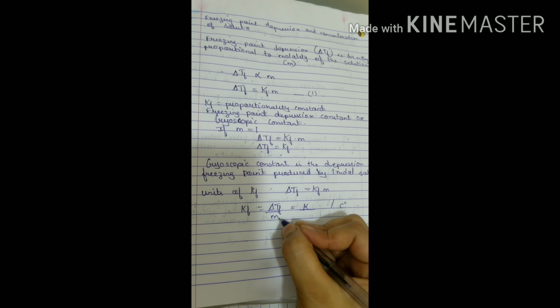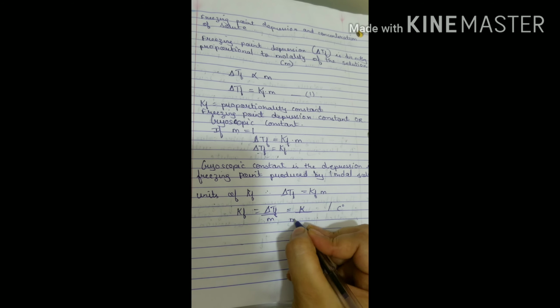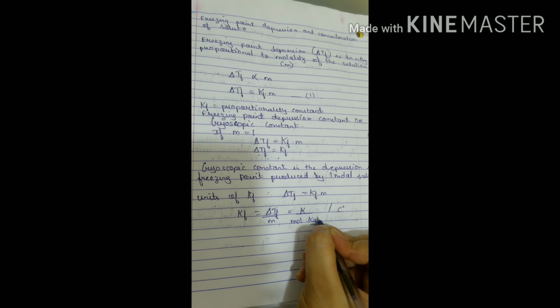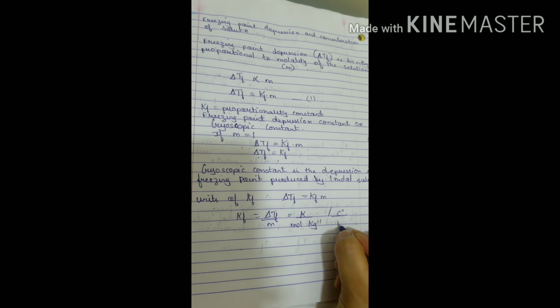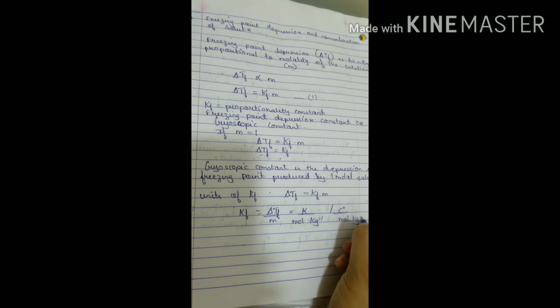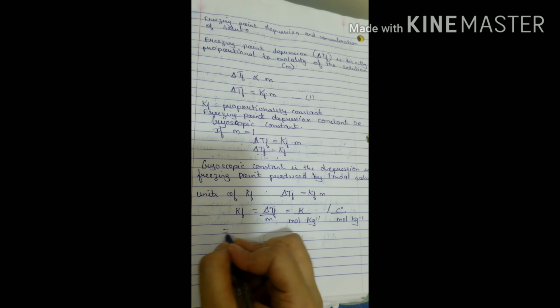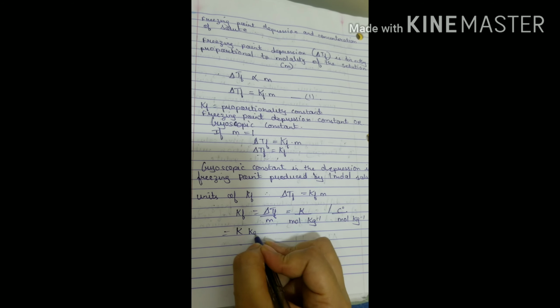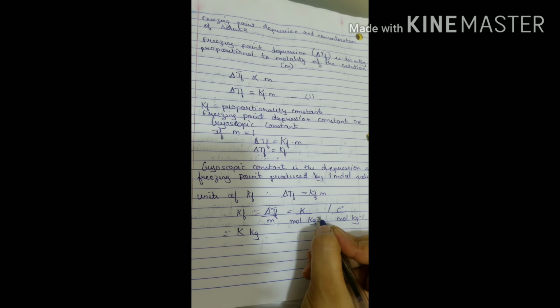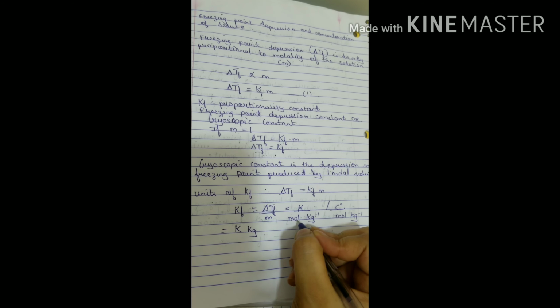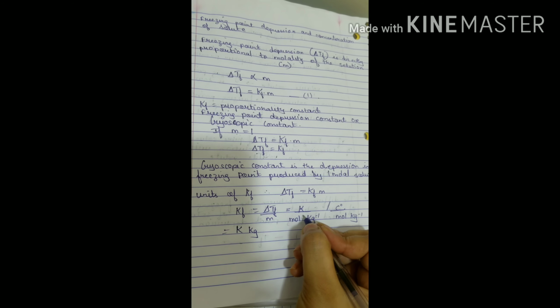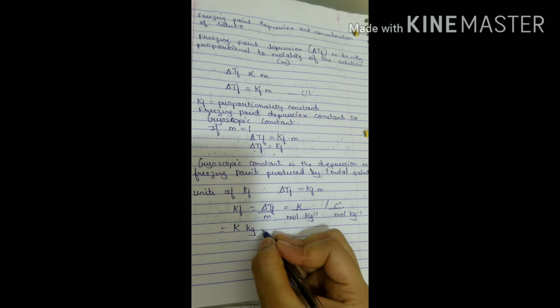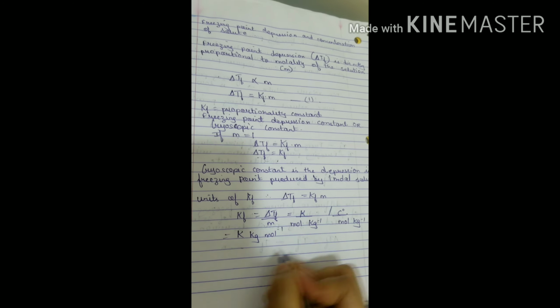And we know that molality is mole kg inverse, so it is going to be mole kg inverse. But you can also write it as kg over mole. When this goes up, this inverse gets cancelled, and mole goes up, so you write mole inverse.